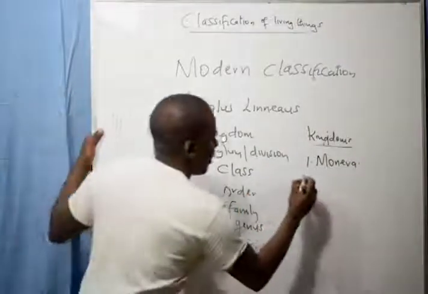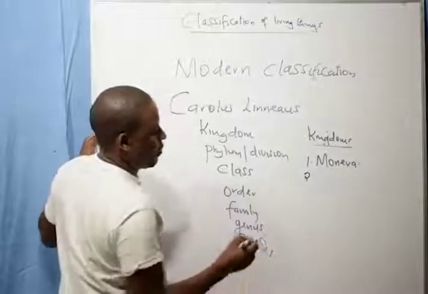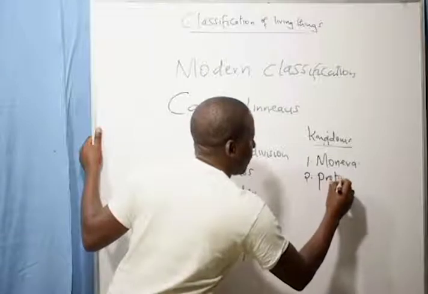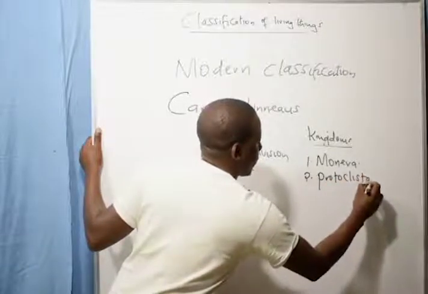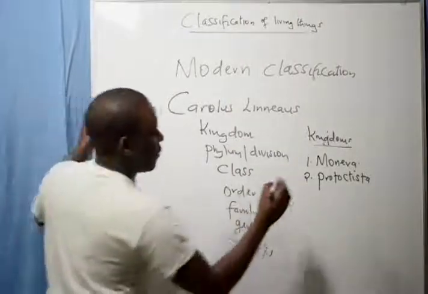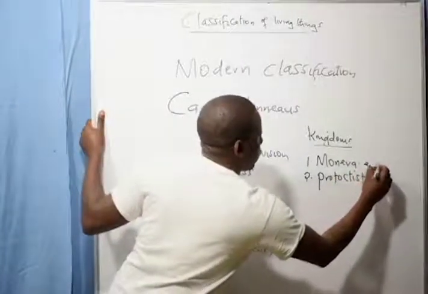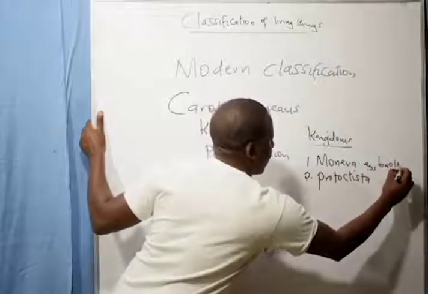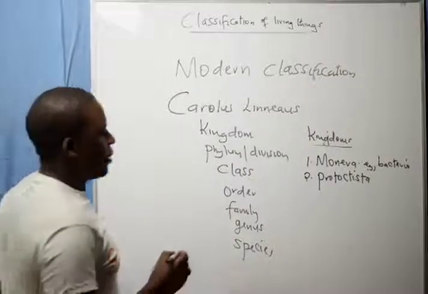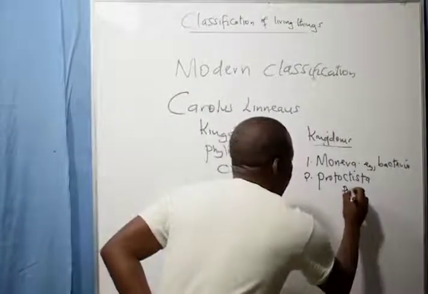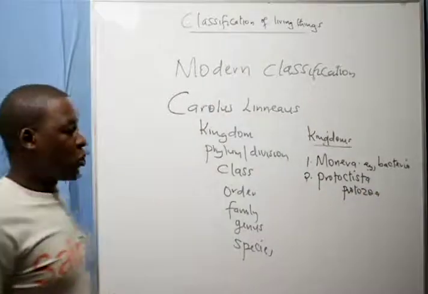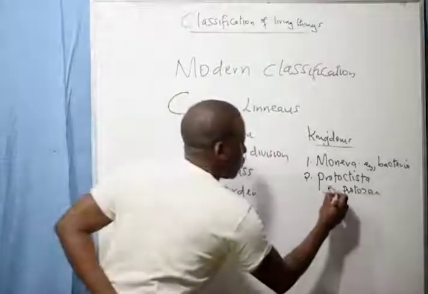Then these are the smallest organisms, followed by kingdom Protista. Second kingdom Protista. Monera includes bacteria. Protista include all protozoa. All organisms known as protozoa belong to Protista.